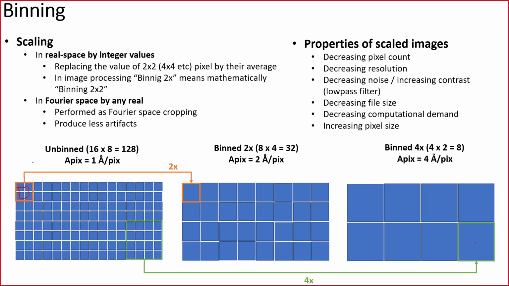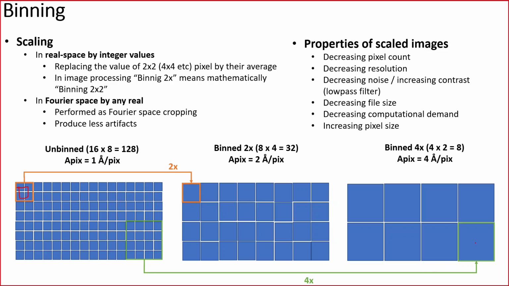So we started, for example, on the left with the pixel size 1, and then we got to pixel size 2 by binning our data 2 times. So this effectively low pass filters our data, as well as limits us in some stages where we cannot achieve the maximum resolution from our data set.